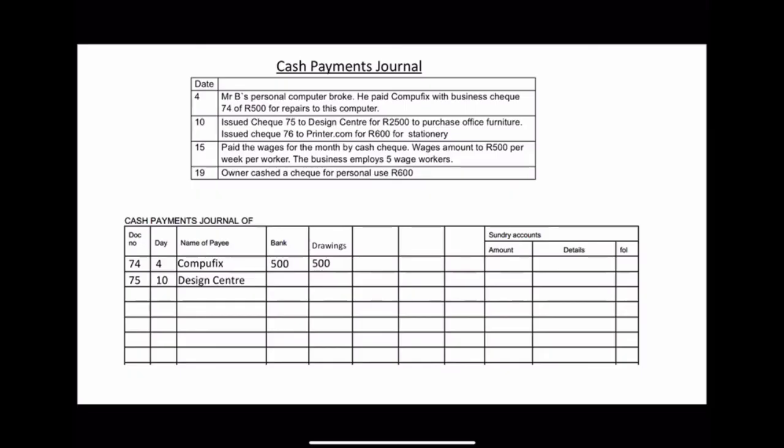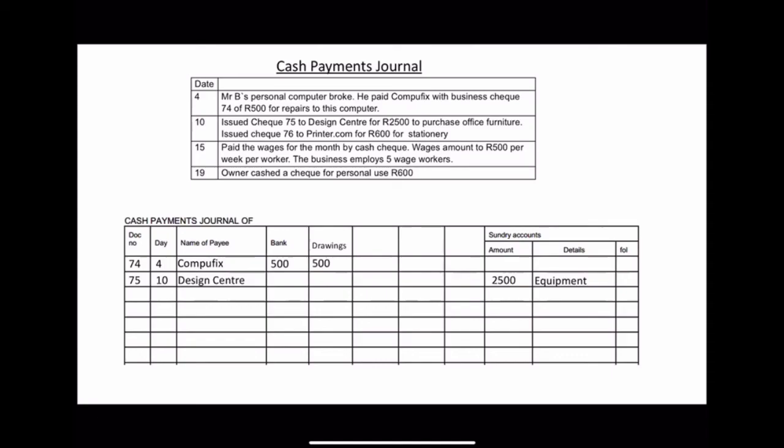Now, we don't have a column for equipment, so this amount goes into my sundry accounts as 2,500 for equipment. Furniture would be classified as equipment unless your teacher tells you otherwise.